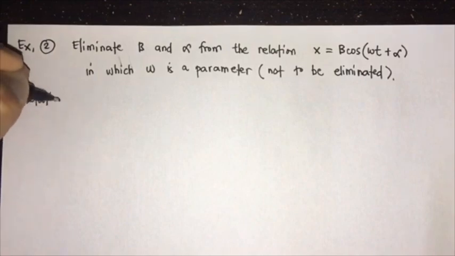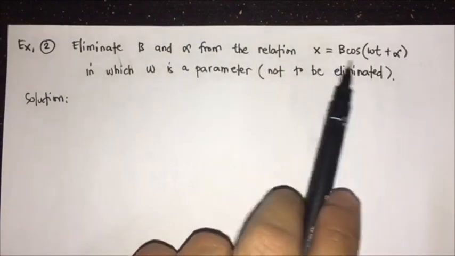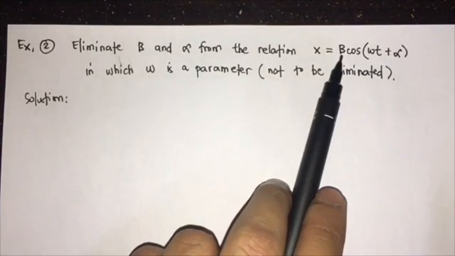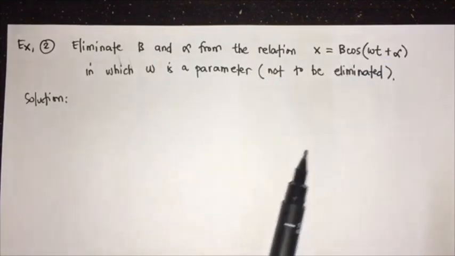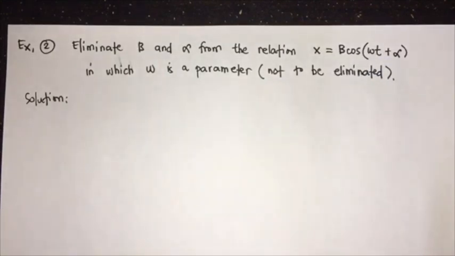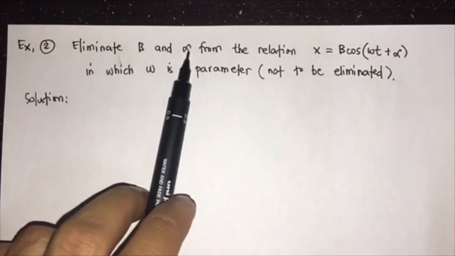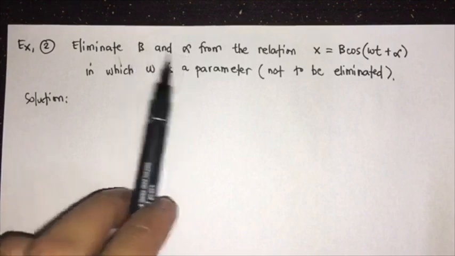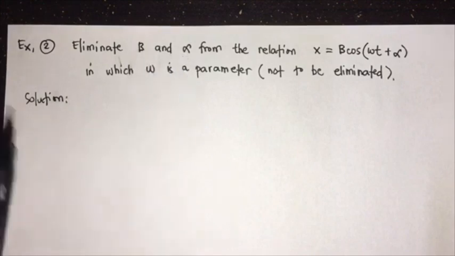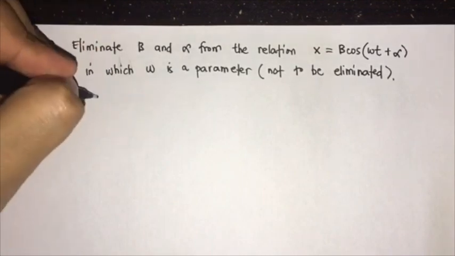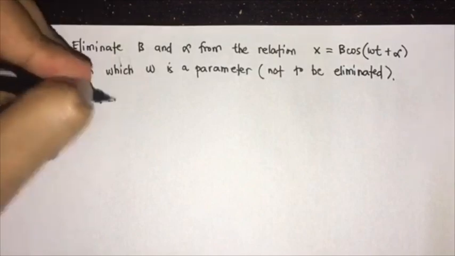If you don't know what to do, think first that since we want to eliminate the arbitrary constants, we count the number of arbitrary constants to be eliminated. The problem says we need to eliminate b and alpha, so we have to eliminate two arbitrary constants, and therefore we have to derive it twice.